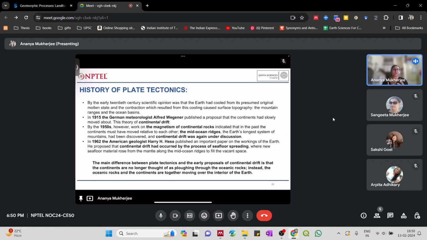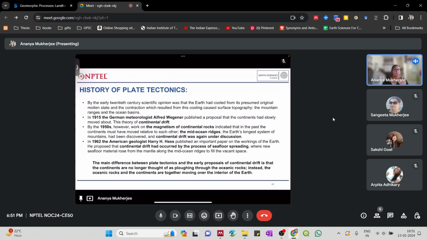But the continental drift had a lot of shortcomings. The mechanisms that it proposed for the continents to be moving away or towards each other did not have that amount of force which is actually required for the continents to move such large distances.